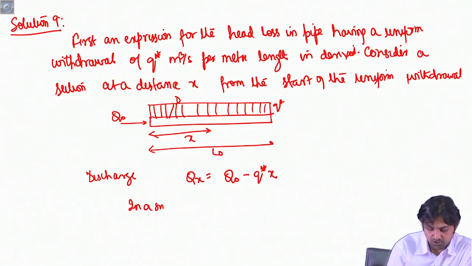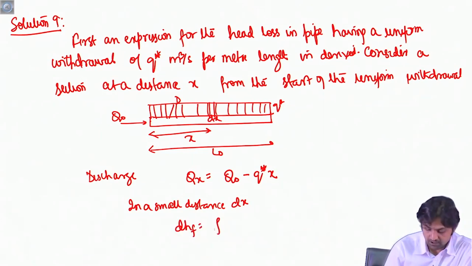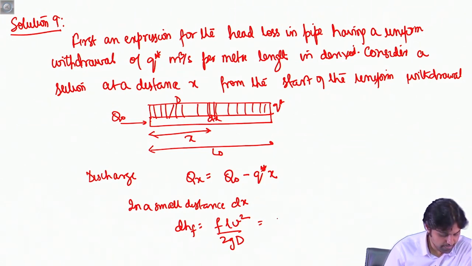So, in a small distance dx, so at x we assume small distance dx here, the head loss is going to be f L V square by 2 g D, right, or instead of V we write Q, correct.